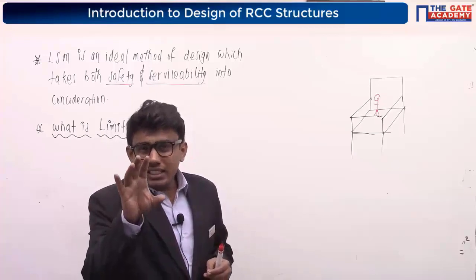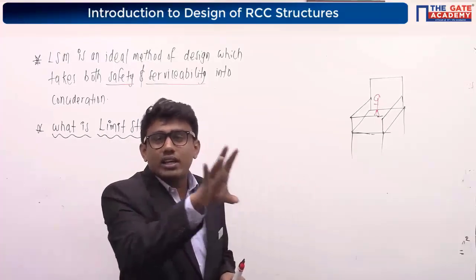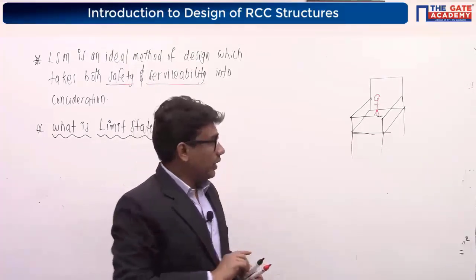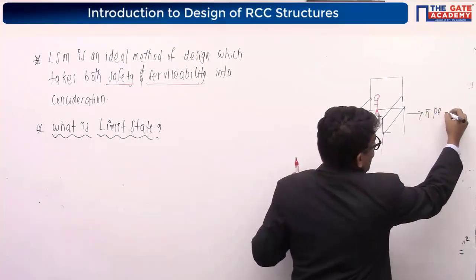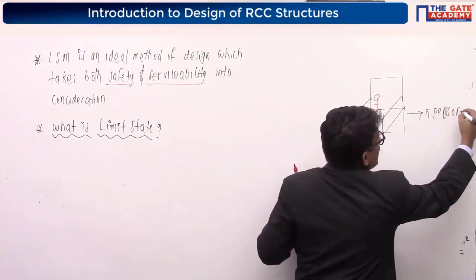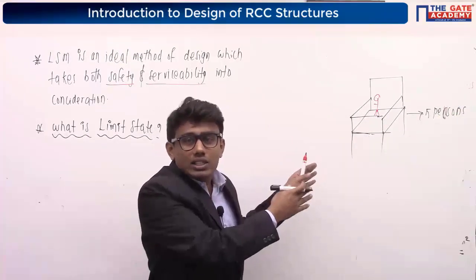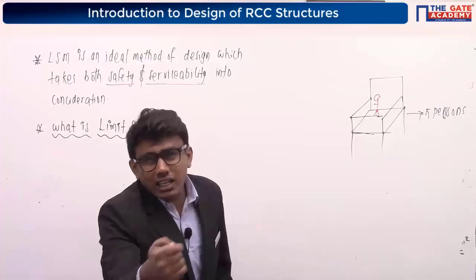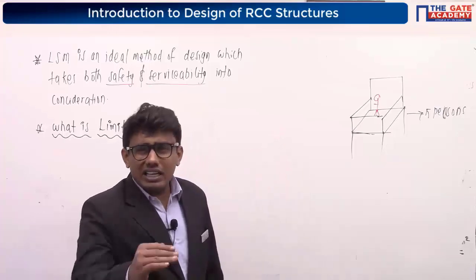So we will limit the load allowed on this chair to a maximum of 5 persons load. That means we are limiting the loads which can act on this chair. We are limiting something.